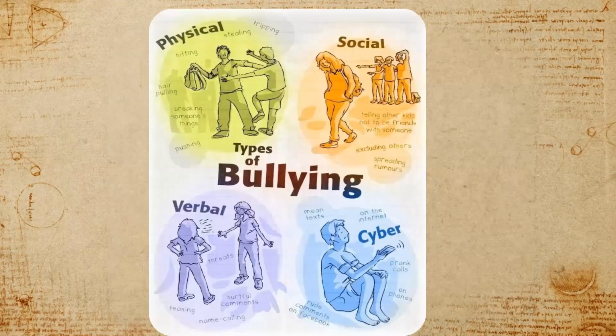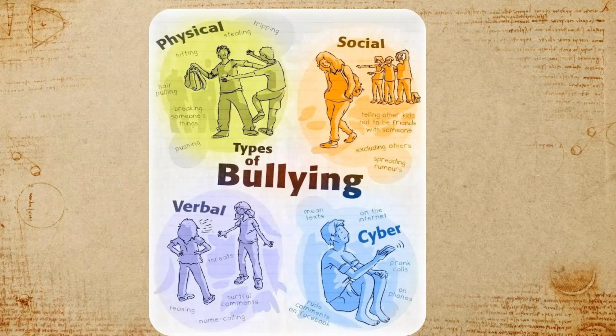When it comes to conflicts in schools, they are mostly generated by bullying, which is a very common phenomenon nowadays in schools. Bullying could be physical, when there is hitting, hair pulling, breaking someone's things, pushing, tripping, stealing. Social bullying is telling other kids not to be friends with someone, excluding others from groups, and spreading rumors about this person.